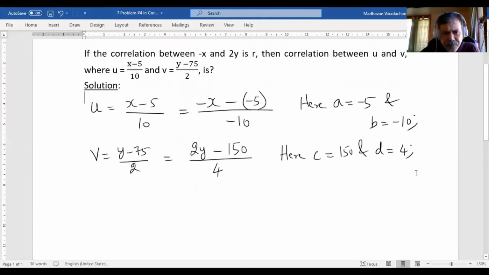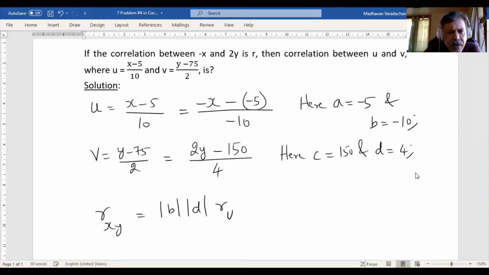The property says r of x, y is modulus of b multiplied by modulus of d into r of uv divided by b into d. Suppose b and d both are of the same sign, then the modulus sign will go, and here also the same signs will get multiplied, so ultimately it will result in the same.